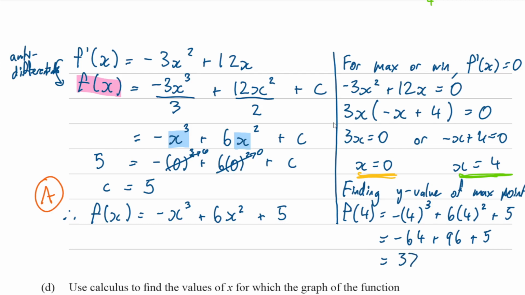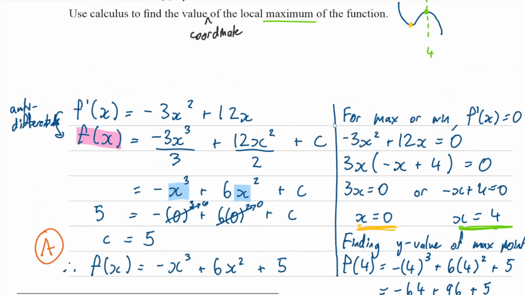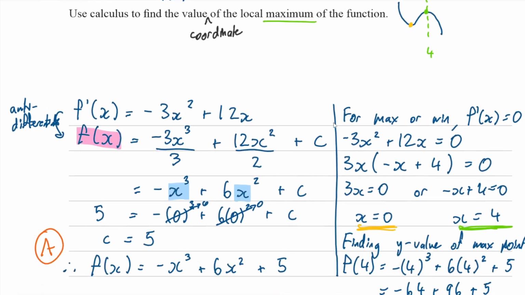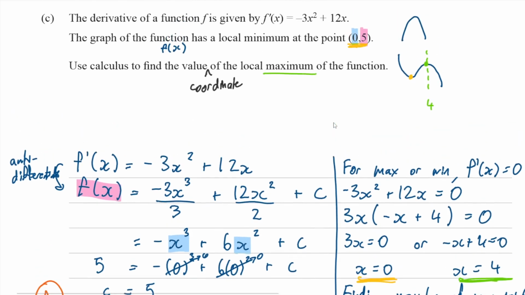Alright, are we done now? Maybe. Actually looking at the mark scheme, they say local max is 37. However, the question is worded quite poorly in that they should say, what is the y value, if that's what they were after.